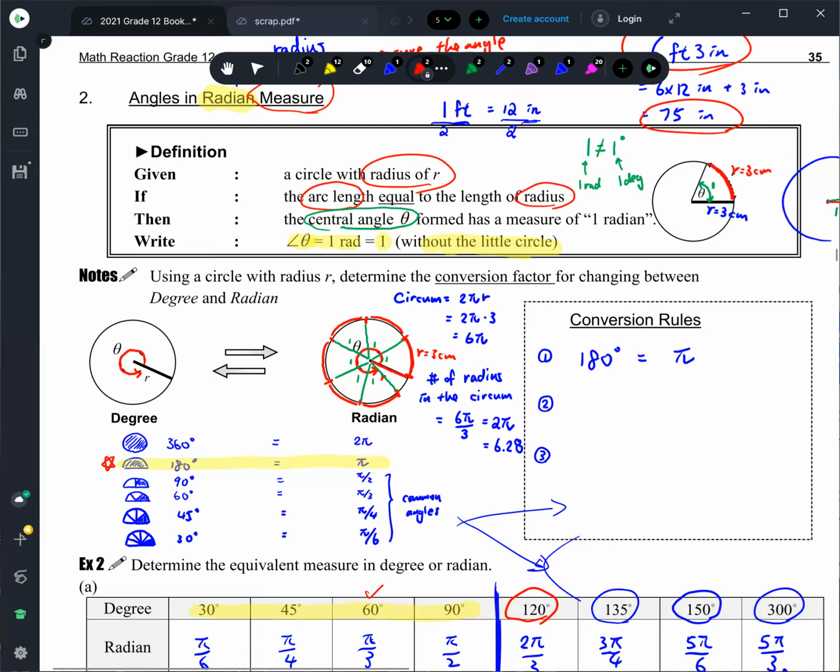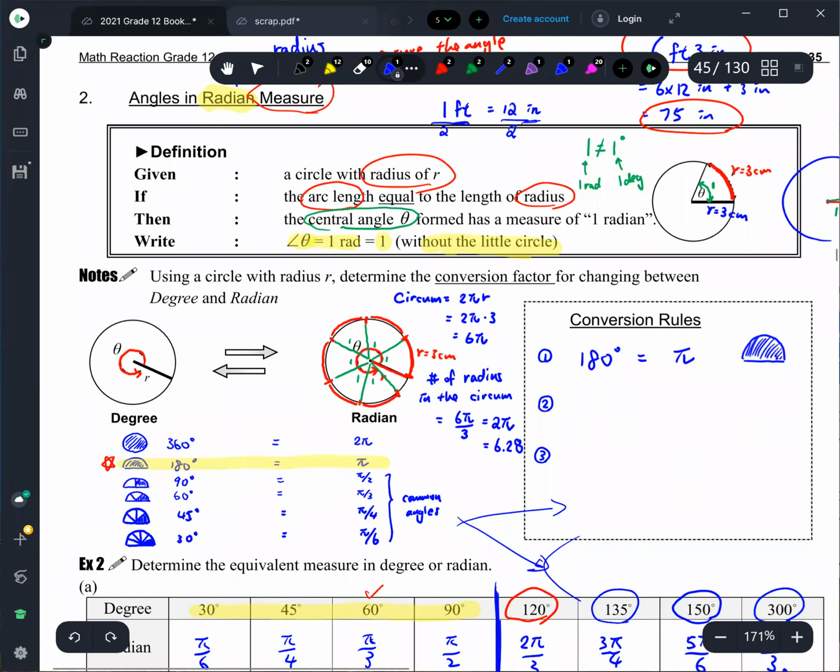But we can cut it in half and then make it 180 degrees, right? And then that will equal pi. So remember, pi represents half a circle. And then from there, I can just cut into slices, okay? If you cut in half, 2 slices, pi over 2.